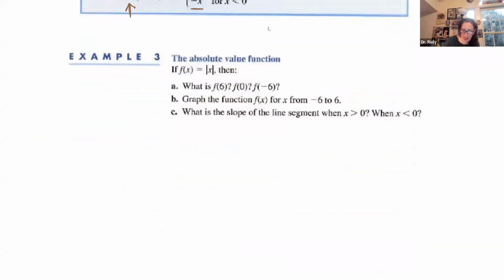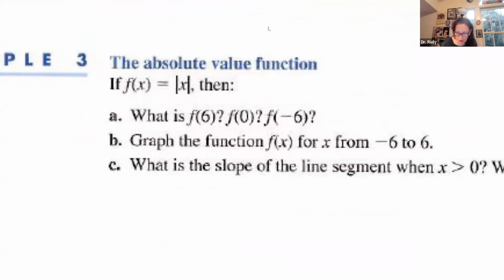So if they ask you questions about absolute value, what you need to know is that if you put in a 6 for your x, remember when you evaluate, you're replacing your x, and then you're generating a y, because x always drives the train.